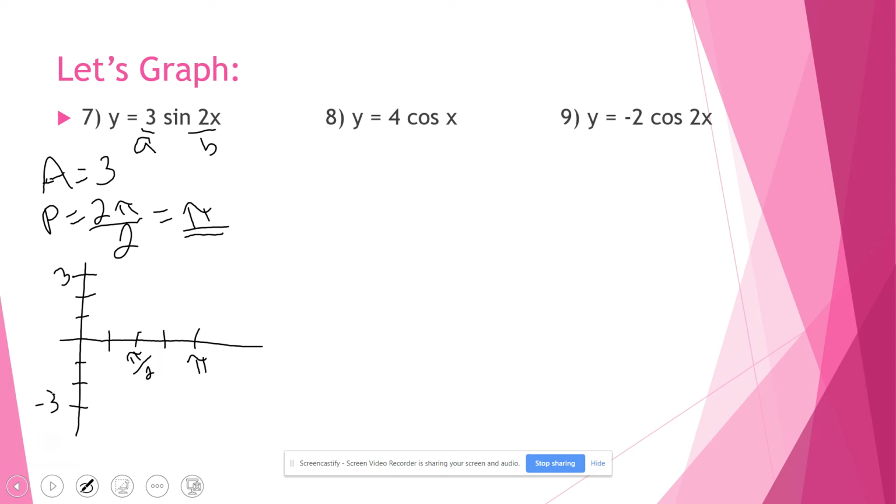This is sine. Sine starts at 0. So we have 0, A, 0, negative A, 0. And then our curvy graph.